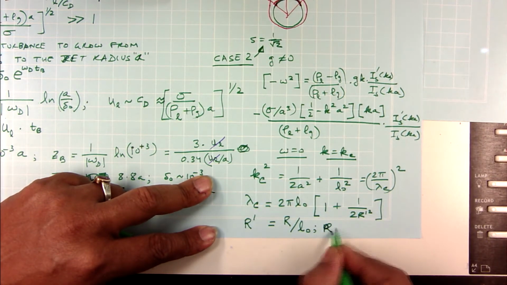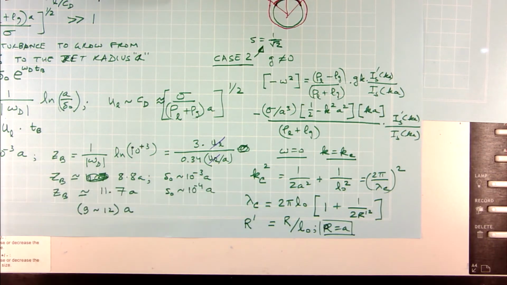My r is equal to A in this case, the radius of the cylindrical heater.